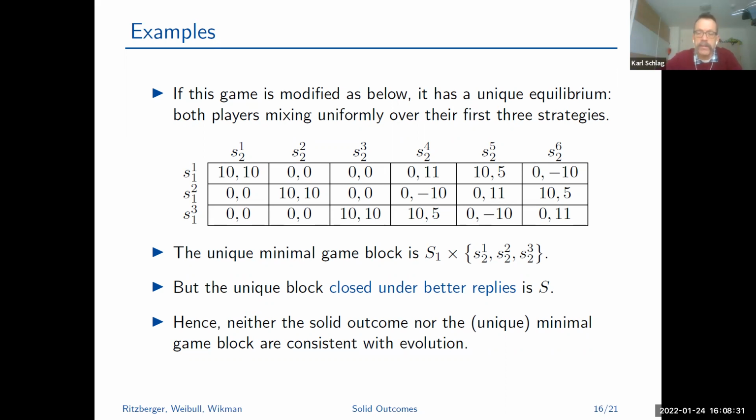So maybe let me say it differently. It would be nice to see a property that you would like to have that is equivalent to robustness, and then show that this is equivalent to your solid outcome. Because the way it was presented, you have a concept and you show what properties it has. That is what I meant by robustness.